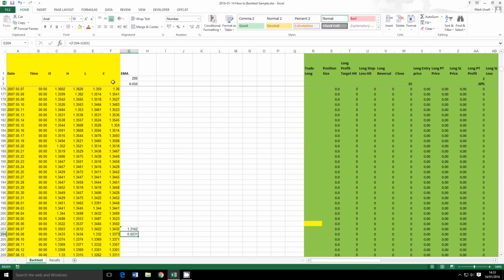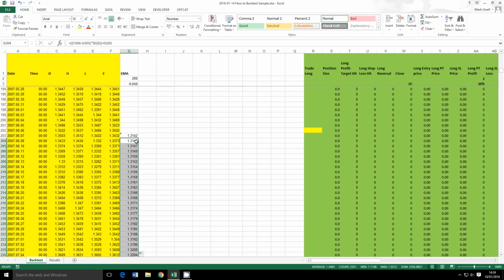So now we've got this value, we multiply it by our factor here, and then we press F4, which makes this an absolute reference cell, so all the cells below are going to refer to this value. And then finally we add it to the previous value, and we press enter, and we have our formula here. Now we just copy it down by double clicking on the bottom right hand corner of the cell.